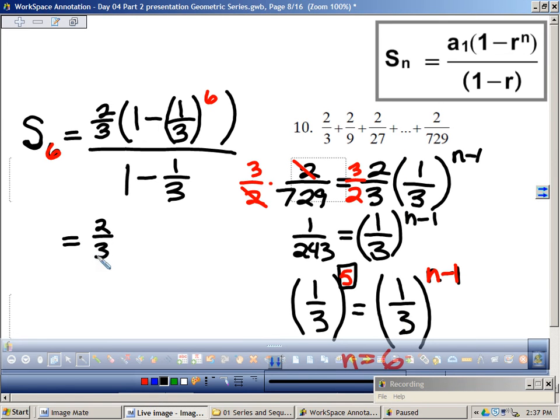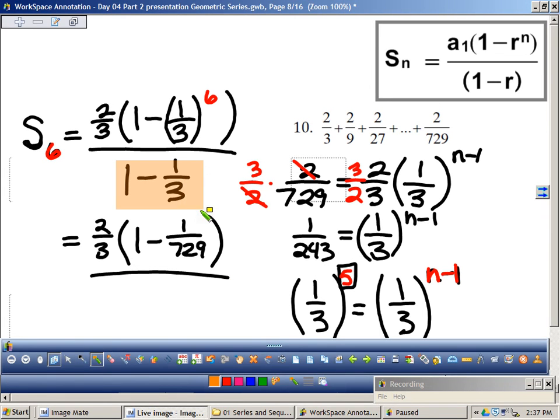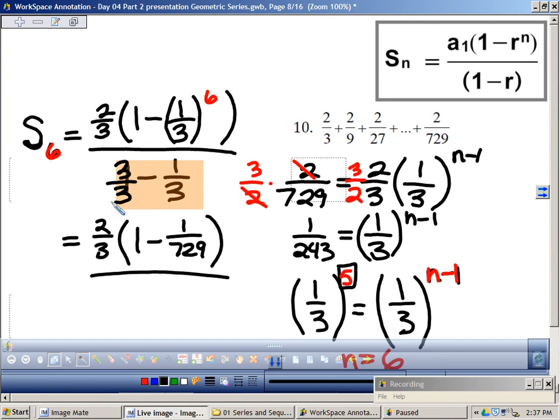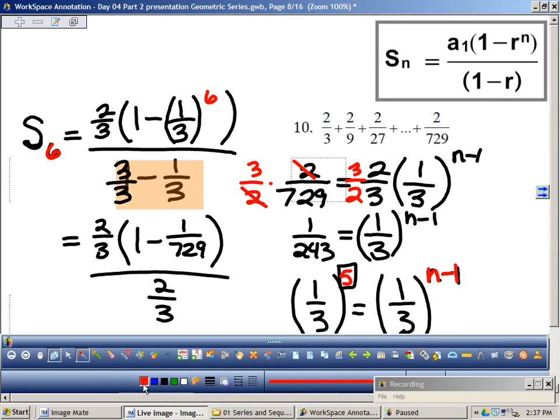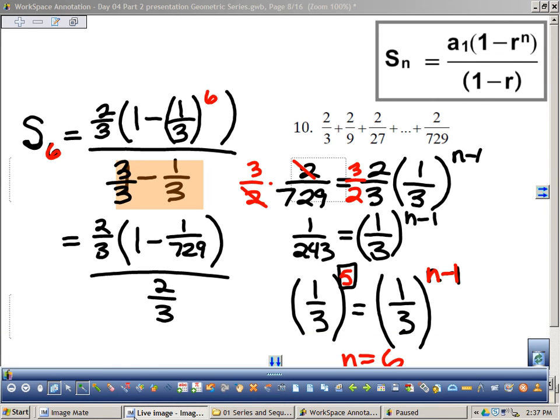So I'm going to rewrite this. 2/3, 1 minus 1 over 729, all over, let's evaluate this too, 1 minus 1/3. This can be 3/3. So 3/3 minus 1/3 is 2/3, which is really convenient because I have a quantity times something else.